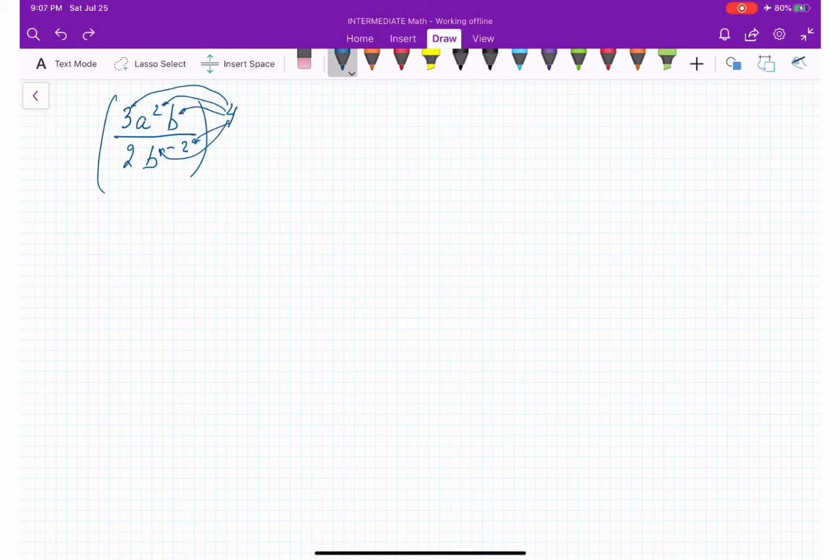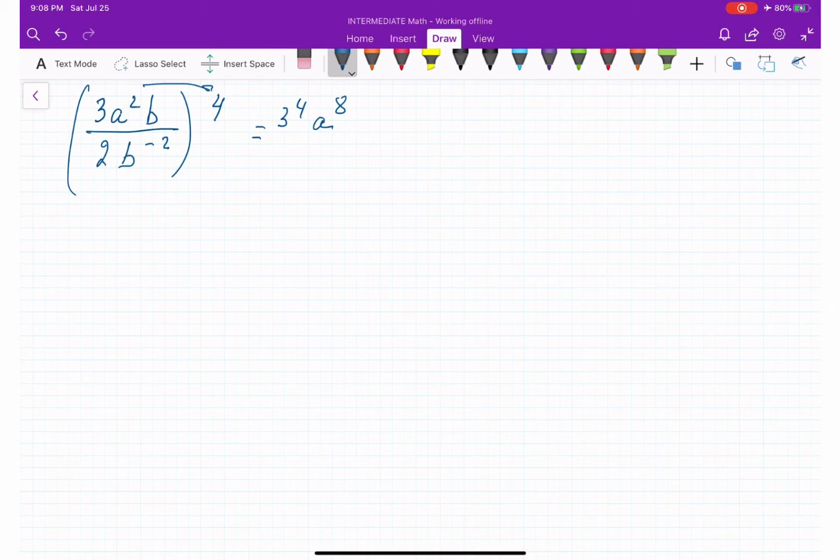Let me take it back so as not to make a mess. So that is going to be 3 to the power 4, a to the power 8, because 2 times 4 is 8, and then b to the power 4 over 2 to the power 4, and b to the power negative 2 times 4 is negative 8.